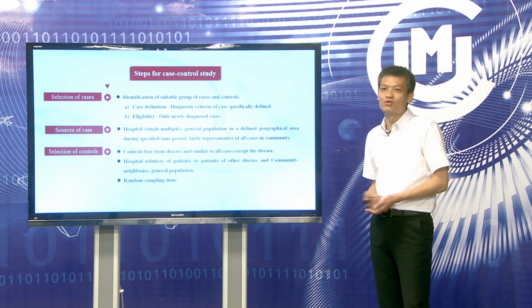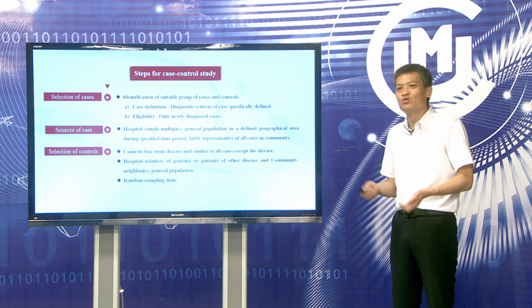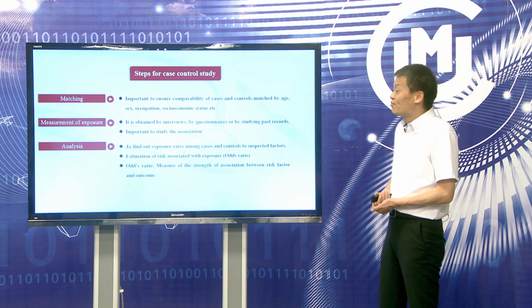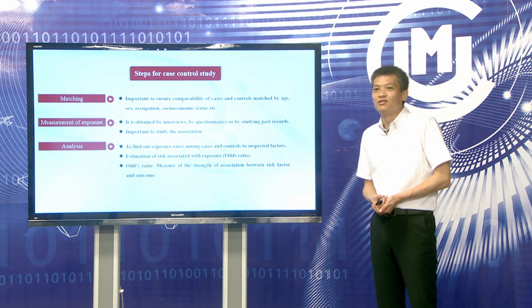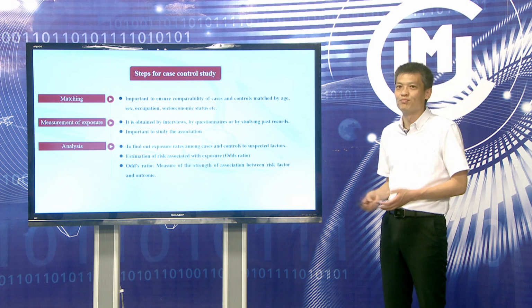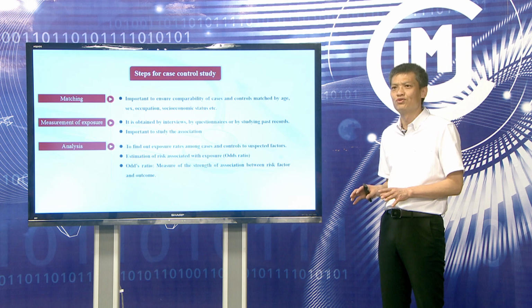But all of these controls have to be randomly sampled. Matching is also recommended in a case control study. It is very important to ensure comparability between the cases and the controls.